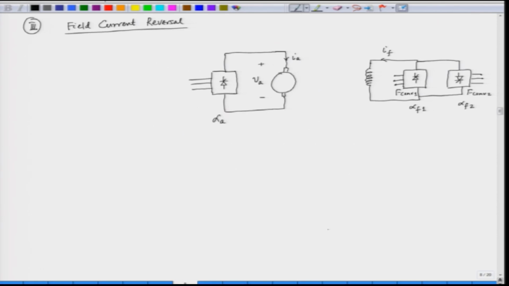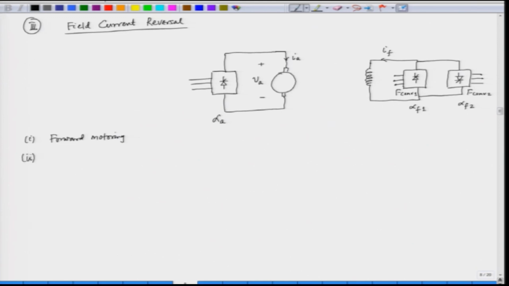Now, how do we reverse the back EMF? The back EMF is reversed in the following fashion. Suppose we are operating under forward motoring. When we are operating under forward motoring, what do we do first? We advance the triggering angle alpha. So, this is the first operation.